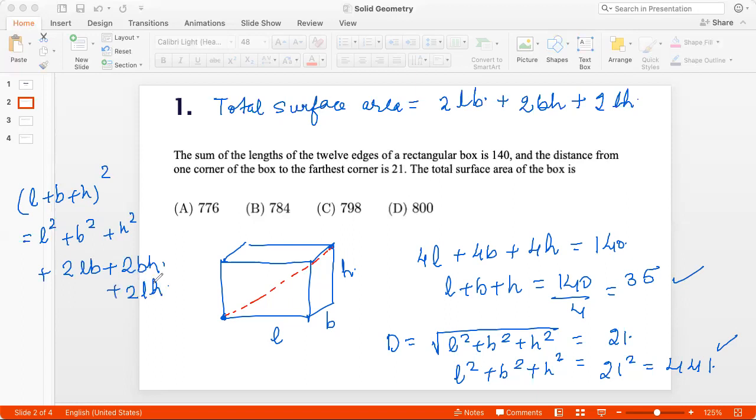So we find that the square of the sum of the three dimensions is equal to this. And this is what we need to find.